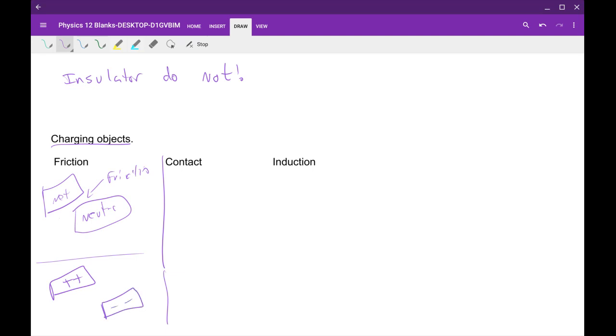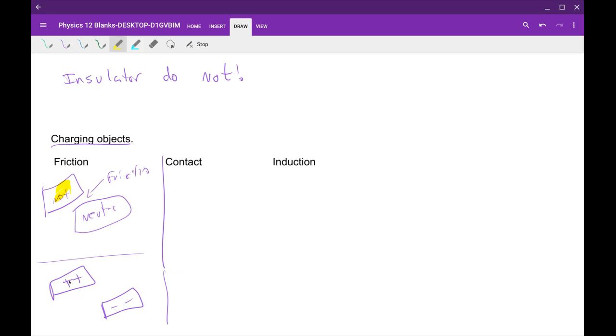Why is that the case? Because during the act of this friction, some of the electrons in this upper object jumped off into this lower object. So this one, who was neutral, lost a whole whack of electrons to this other one.